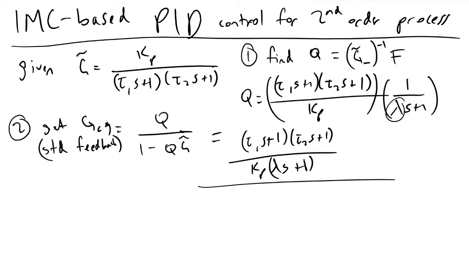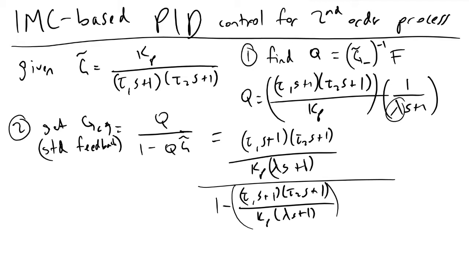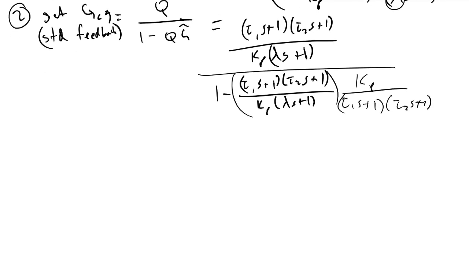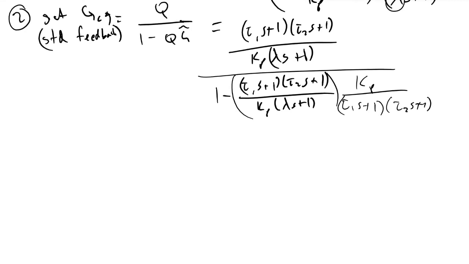We're going to divide this term by 1 minus tau 1 s plus 1, tau 2 s plus 1 over Kp times lambda s plus 1, and we multiply this term by G tilde, which we have already been given, Kp divided by tau 1 s plus 1 times tau 2 s plus 1. At this point we can start making some pretty nice cancellations.